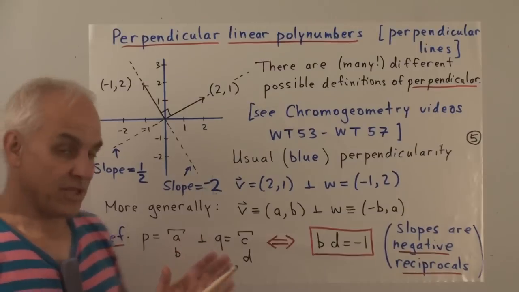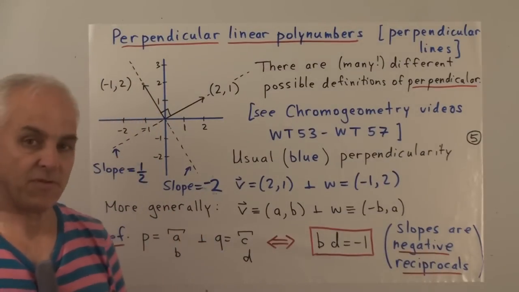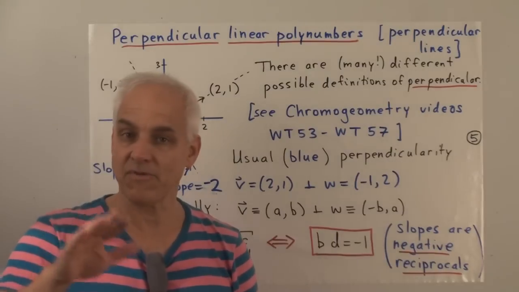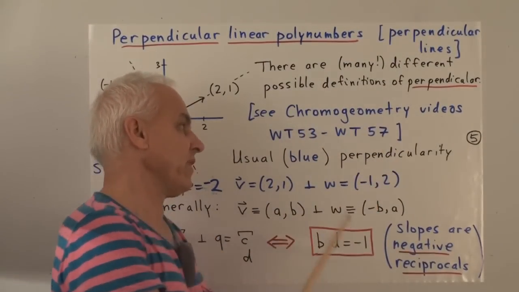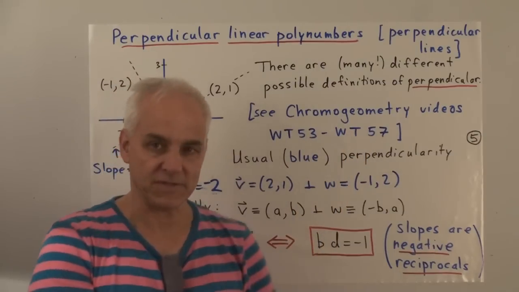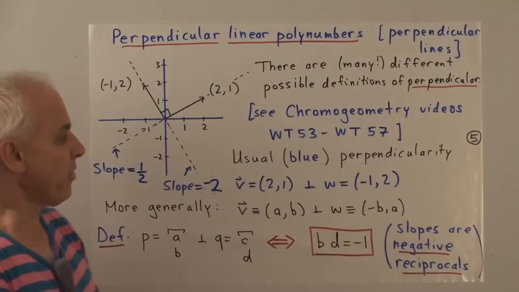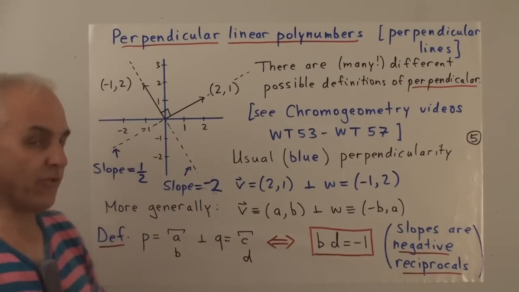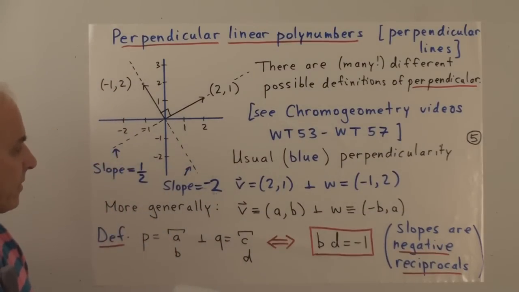We're only going to talk about the standard one here, but if you are interested in other types of perpendicularities, some coming from relativistic geometry, you can have a look at my chromogeometry videos, which are in the Wild Trig series from 53 to 57. There's not just a blue perpendicularity, which is the usual one, but also a red and a green one, and they interact in a remarkable way.